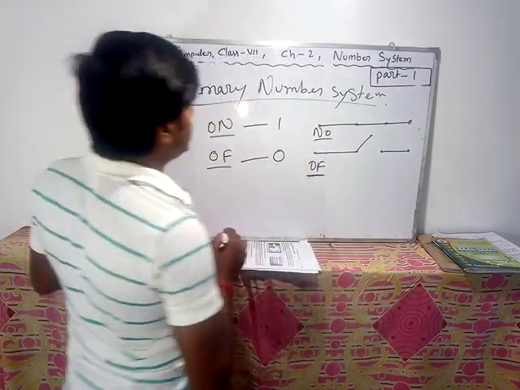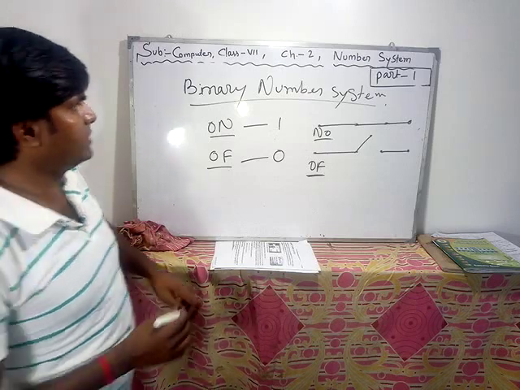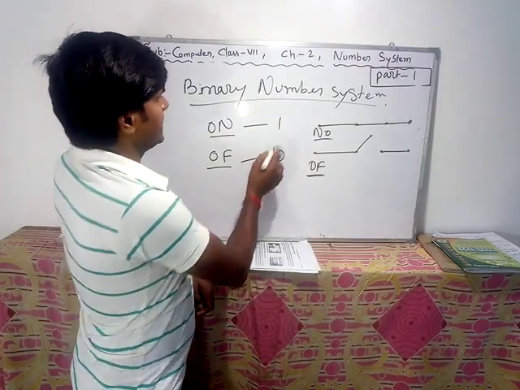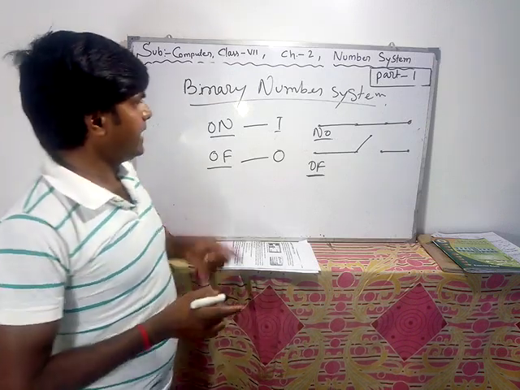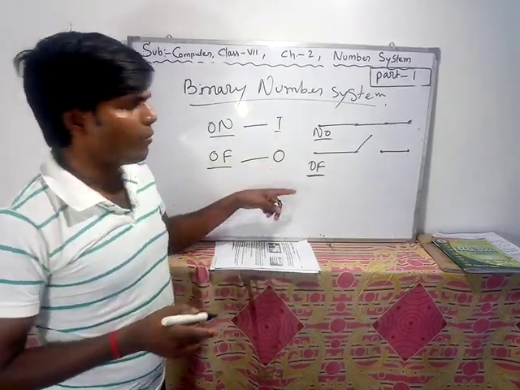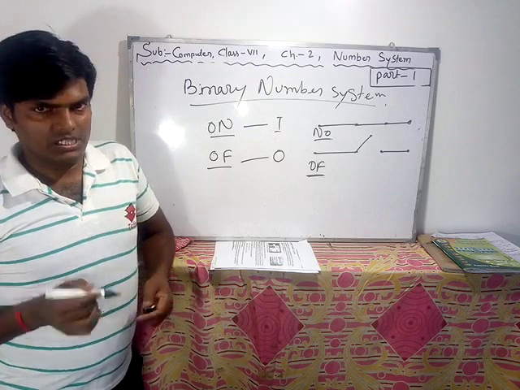This signal is complete when it is 0 or 1. The computer takes these binary numbers: when it takes 1, the circuit is on, and when it takes 0, it is off. Clear? So this is the circuit.